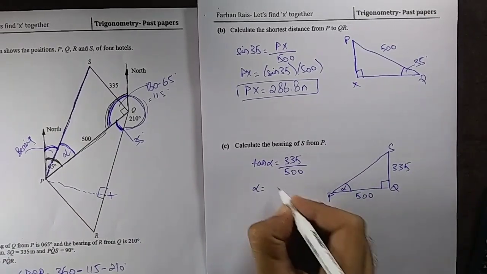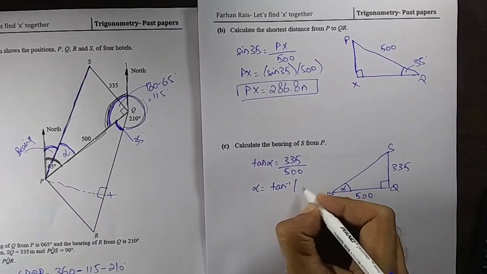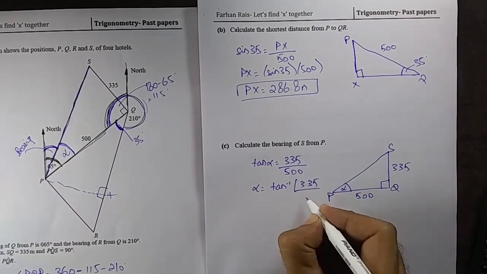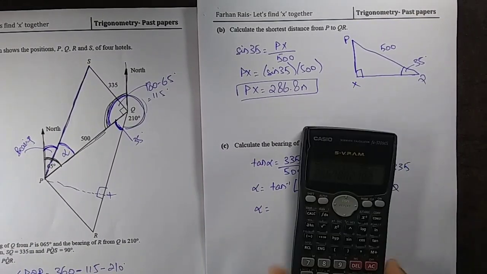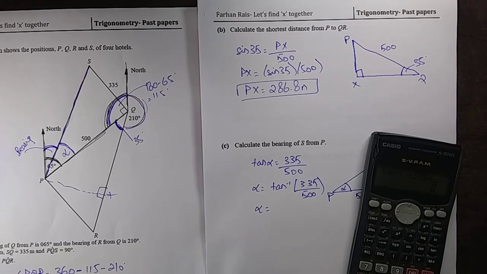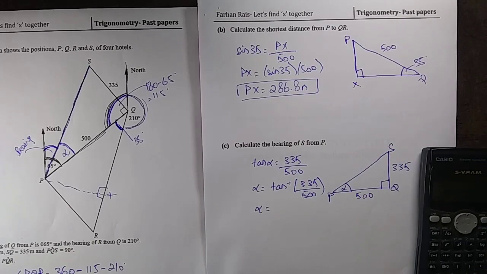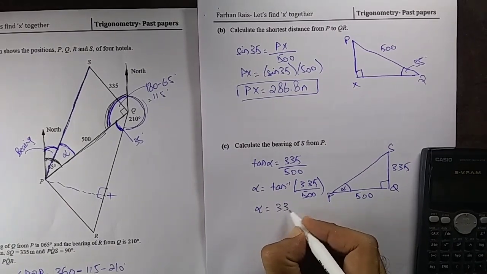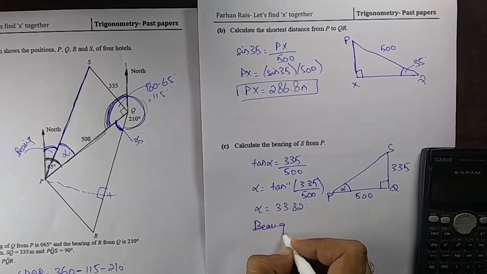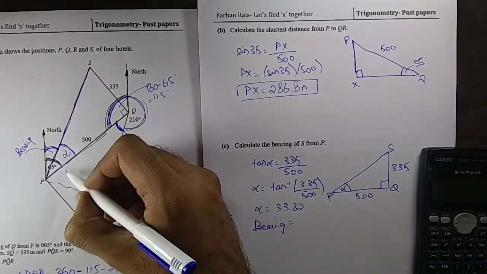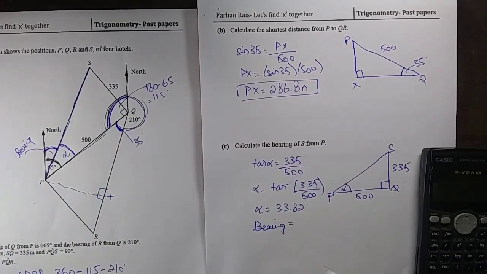So alpha would be equal to tan inverse of 335 upon 500, which is equal to 33.82. And the required bearing to be found would be the difference of 65 and alpha, 33.82.